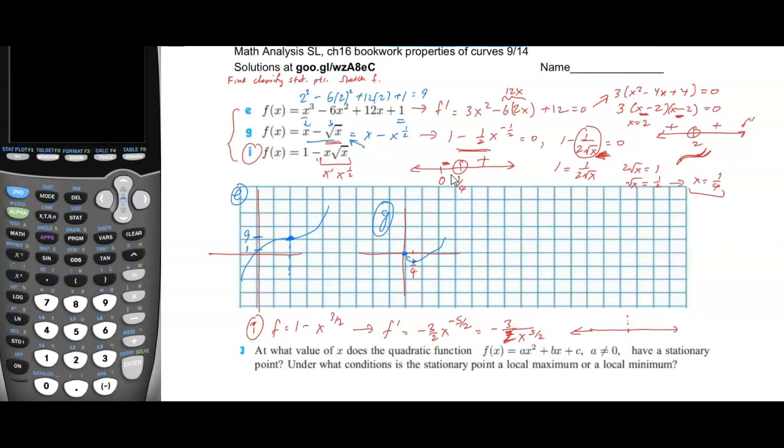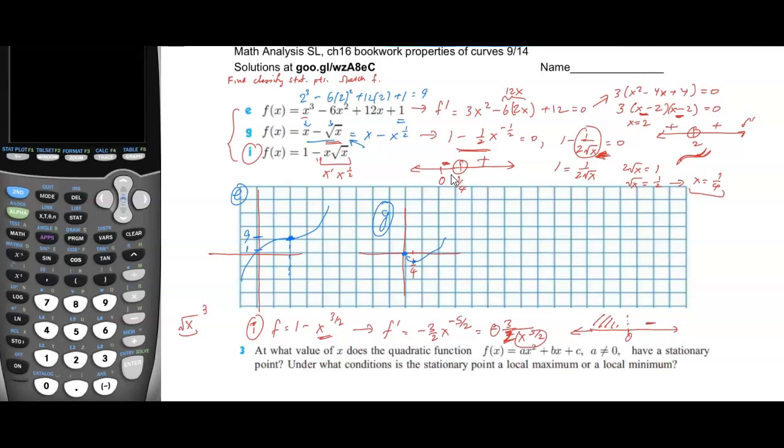Any negative value is not in this domain, right? x to the 3/2 is the same thing as square root of x cubed, right? So anything with a square root in it, we can't have a negative domain. So we're going to have no values to the left of this asymptote. Any value to the right of the 0 is going to give us a negative number, right? Because this is going to be positive, but this is going to be negative, so it's going to be negative.